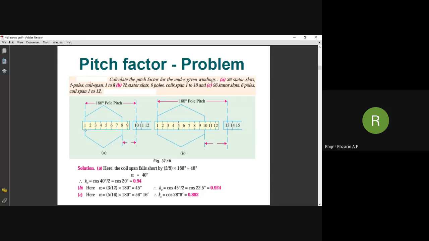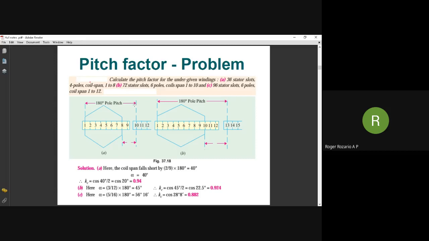The coil should start at the first slot and end at the 10th slot if it is 180 degrees. So what is the coil span if it is full pitched coils? Yes, very good. It is 9. 10 minus 1 is 9. That is the coil span if it was full pitched coils.